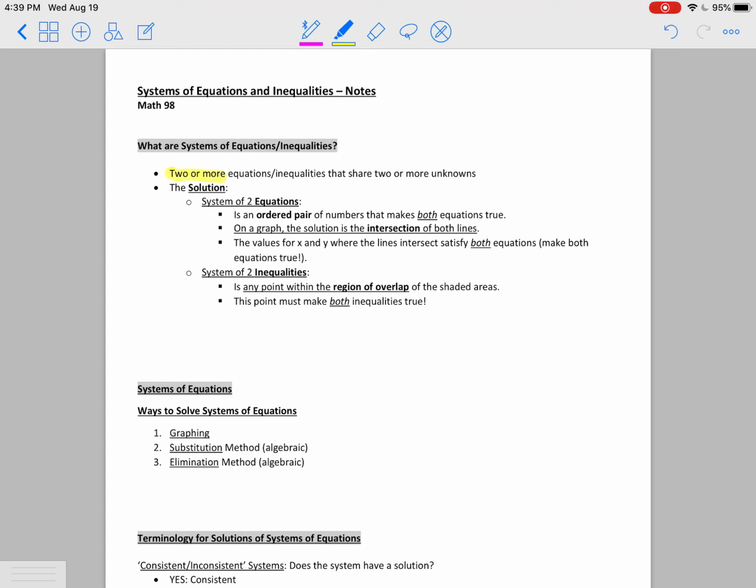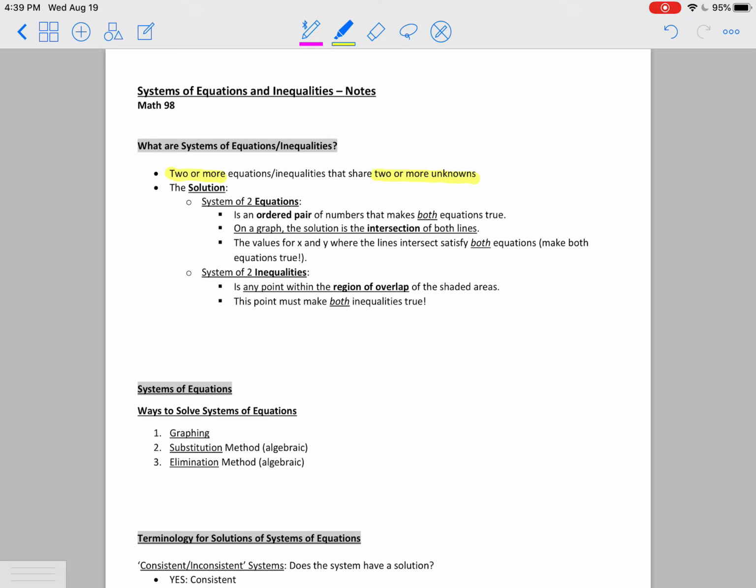So we've got two or more equations or inequalities that share two or more unknowns. In this particular class, Math 98, we're going to be talking about systems with just two variables. So we've got an x and a y, or an m and an n. But you can have systems that have multiple unknowns and multiple variables.